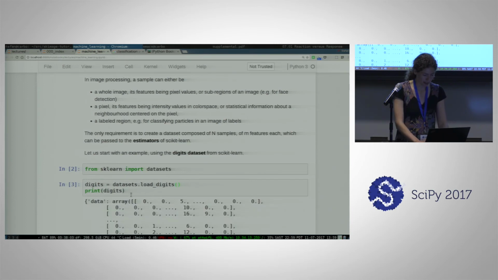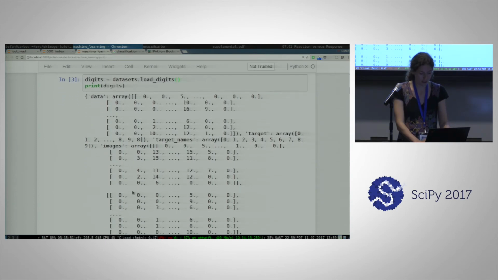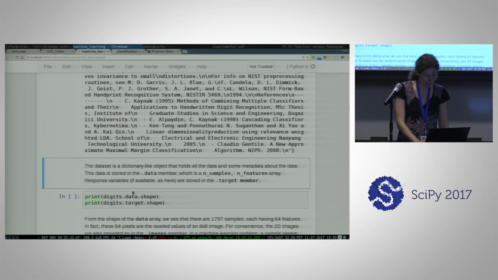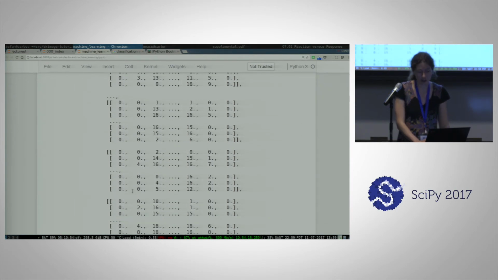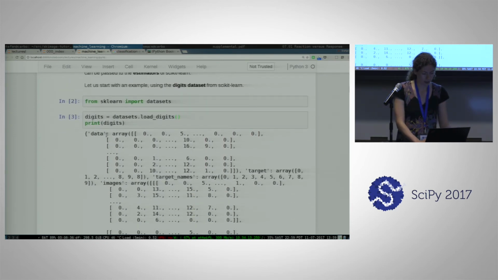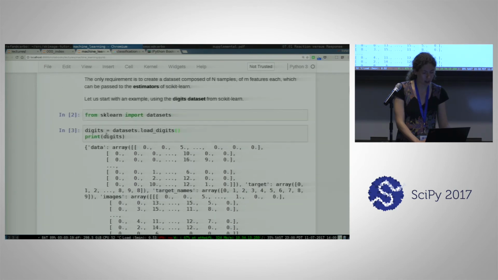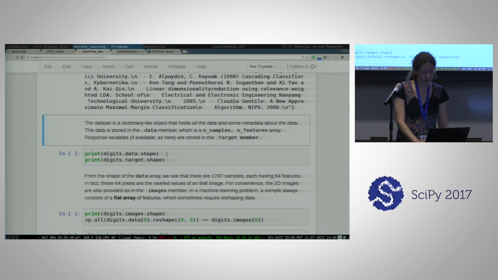So let's start by importing some submodule from scikit-learn, and then we load the dataset. So here I have this object digits that I printed out to see what's inside. It's huge. It will clutter your screen, sorry about that. But as you can see, it's a dictionary-like object which has several keys. So for example, I have this data object that looks promising. It's a NumPy array.